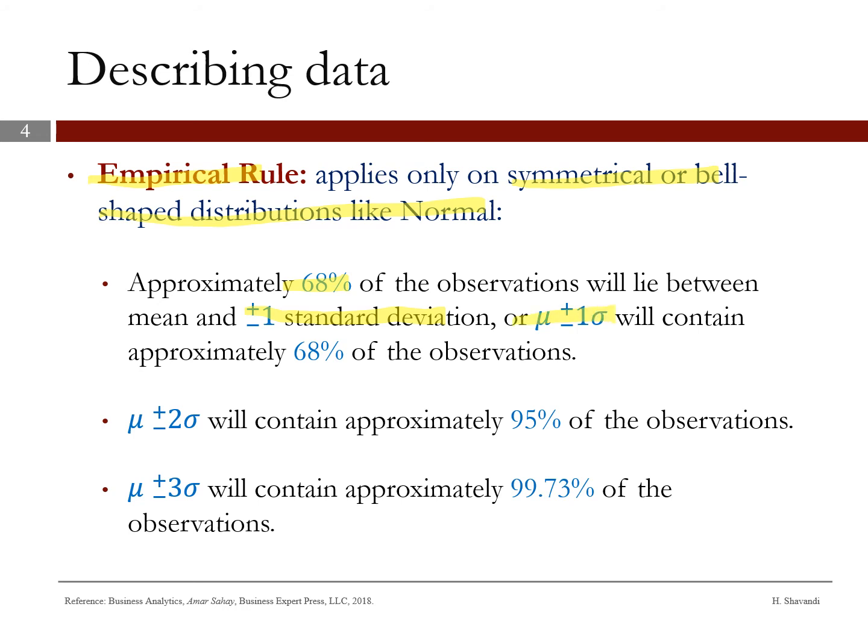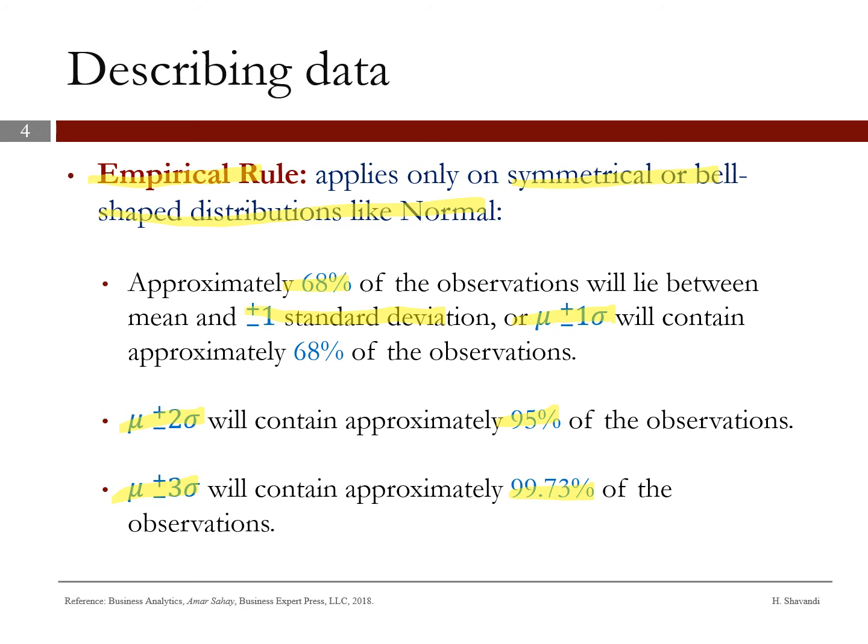And 95% of observations will fall within 2 sigma of mu, so mu plus minus 2 sigma, and 99.73%, almost all observations, approximately, will fall within the range of 3 sigma from mu, mu plus minus 3 sigma. So this is the empirical rule and can be applied only on symmetrical or bell-shaped distributions like normal.